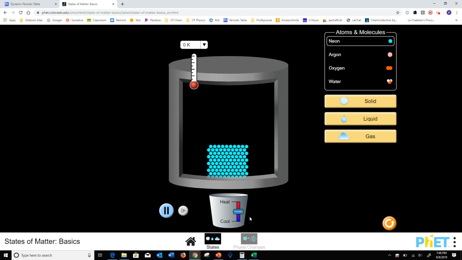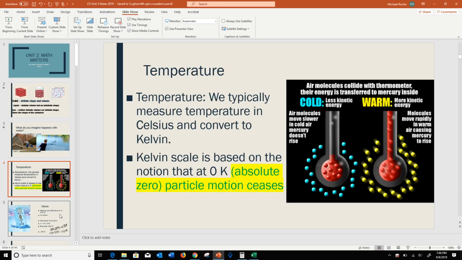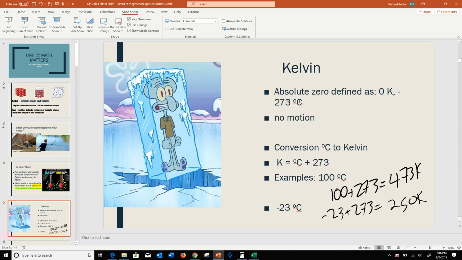If I ever ask you to convert to Kelvin, the way to do that is using this temperature formula: Kelvin is equal to degrees Celsius plus 273. So it turns out absolute 0 that we just said, 0 Kelvin, is equal to minus 273 degrees Celsius. And so they just made every Kelvin the same difference as Celsius so that it's exactly the same.